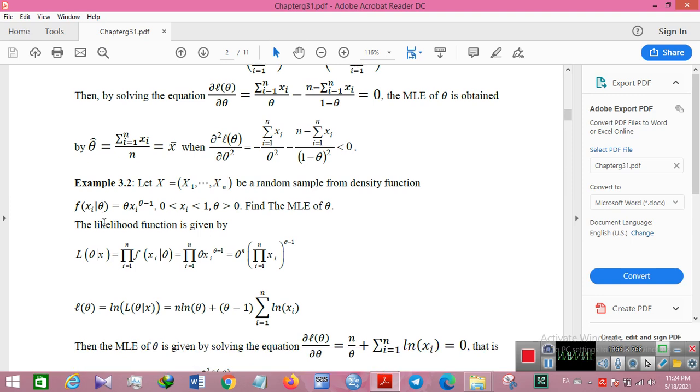Now look at the second example, 3.2. Let x1 to xn be a random sample from this density function. It is the density function of the beta distribution with parameters 1 and theta.